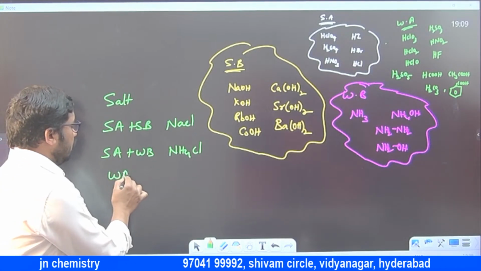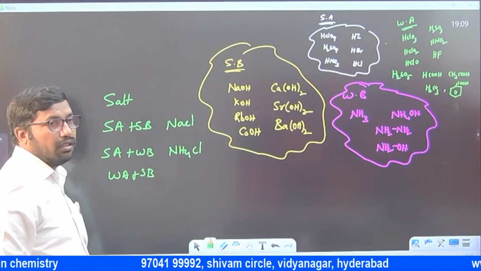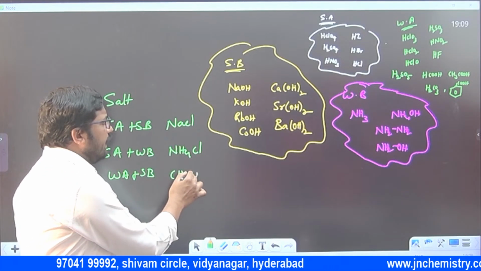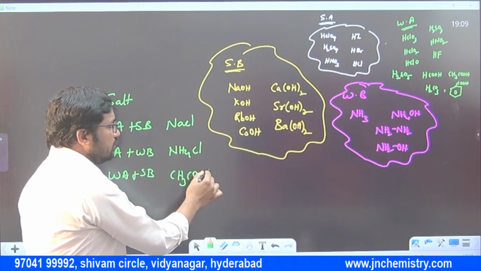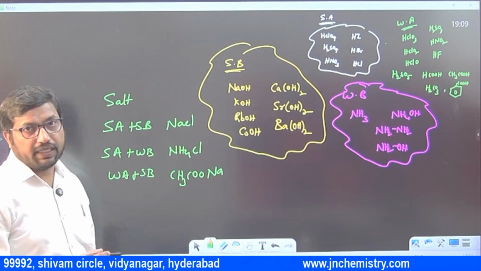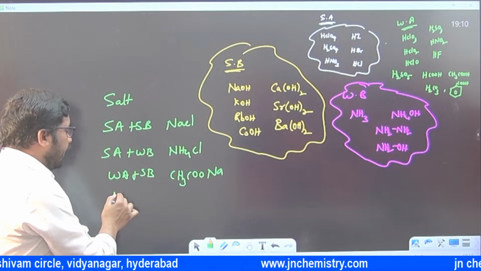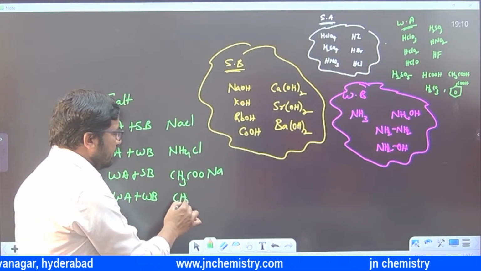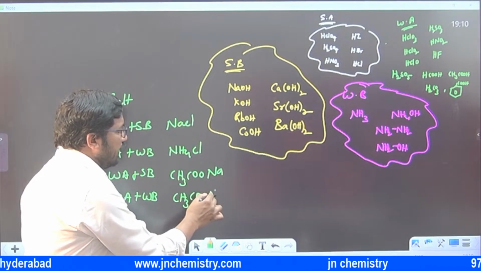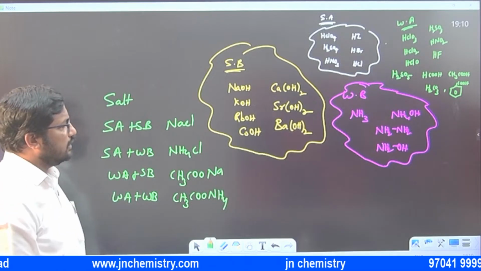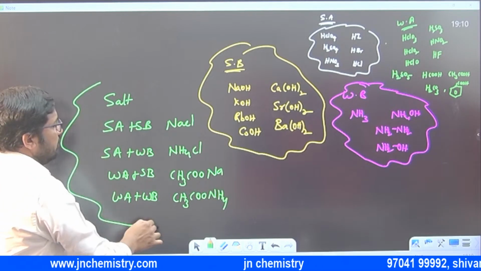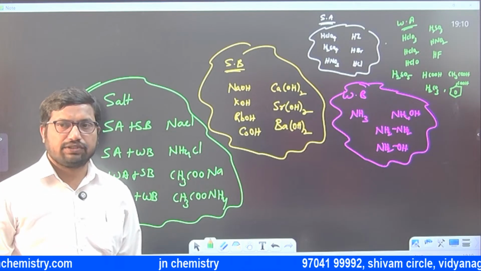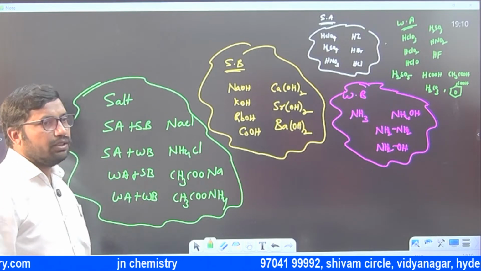Weak acid plus strong base, CH3COONa. Anything we can take as combinations, but majorly we take these examples. Weak acid plus weak base, CH3COONH4. So these salts are also important. These are the first basic things we need to know when entering the chapter.